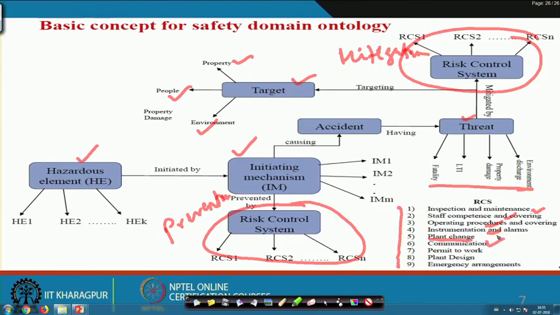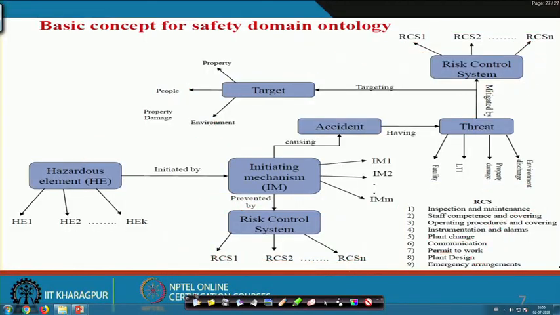There may be communication problem, permit to work problem, planned design, redesign problem, emergency arrangement problem. So, your risk control system will be one or more of these. This may not be the totality, but these mostly cover the entirety. So, now you understand that when you talk about accident causation, this is how the transition happens.